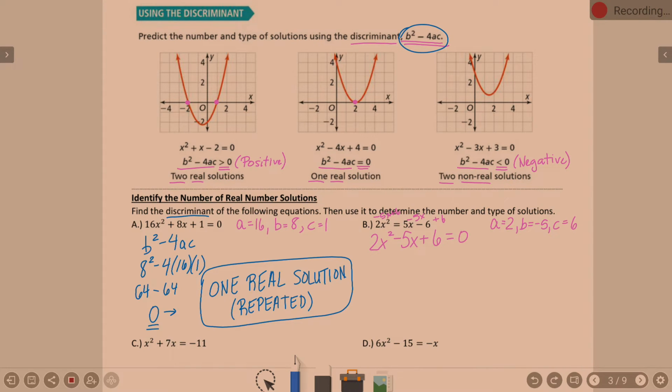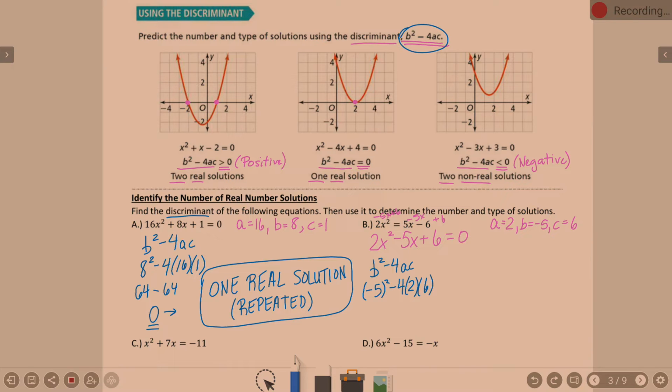Find the discriminant. What's my discriminant formula? Good. B squared minus 4ac. This is a mistake I'm still catching people make. B squared means we're going to do negative 5 squared, minus 4 times A times C. So 4 times 2 times 6.